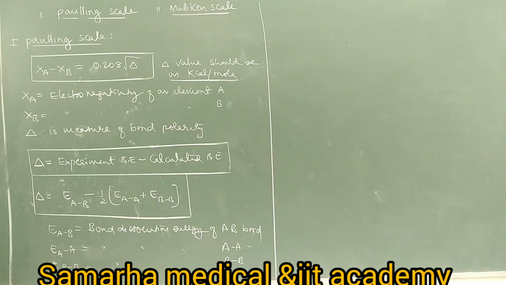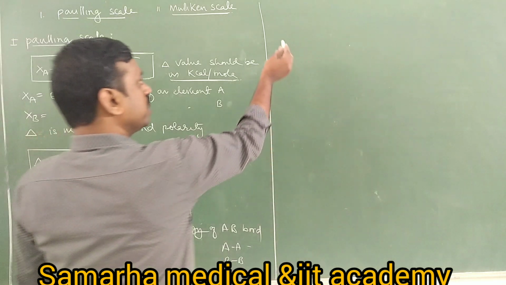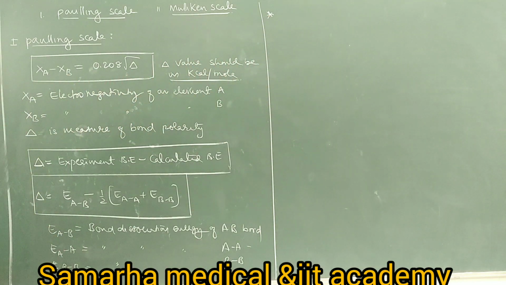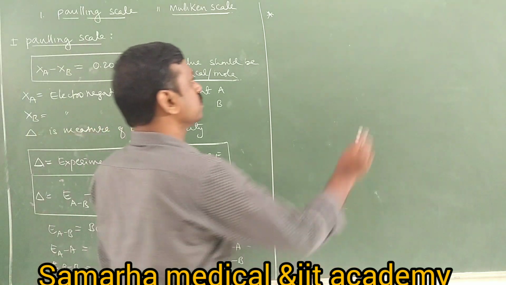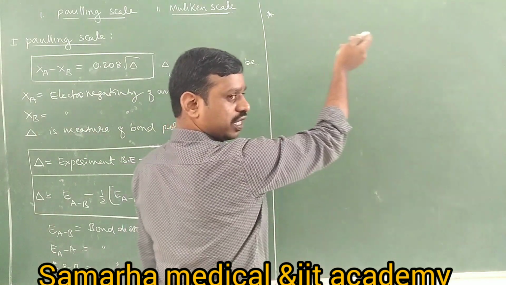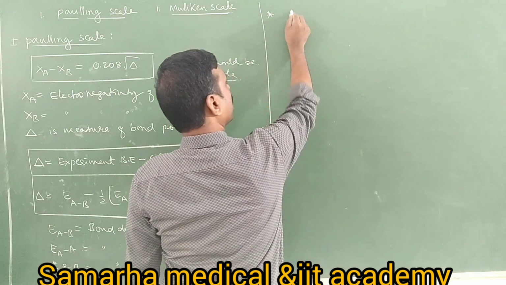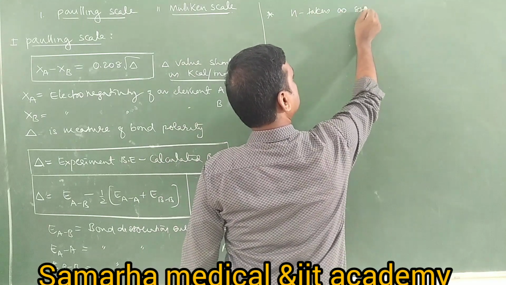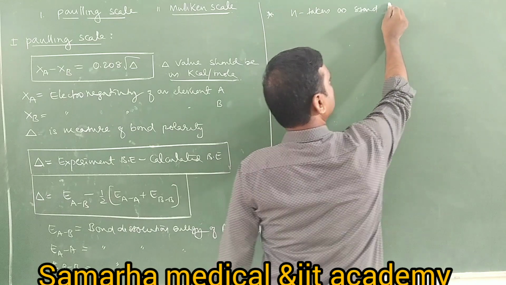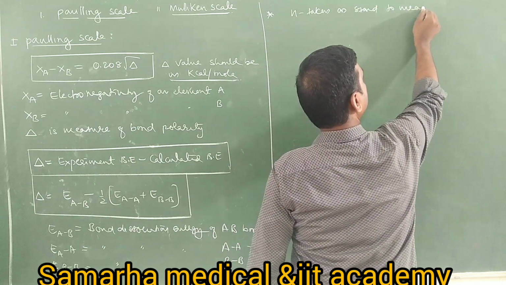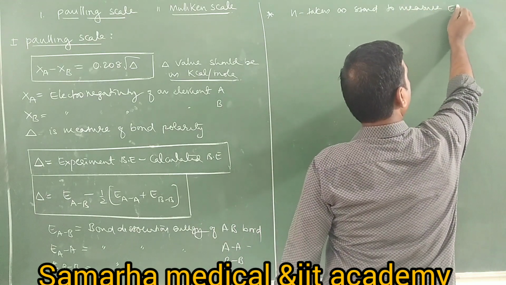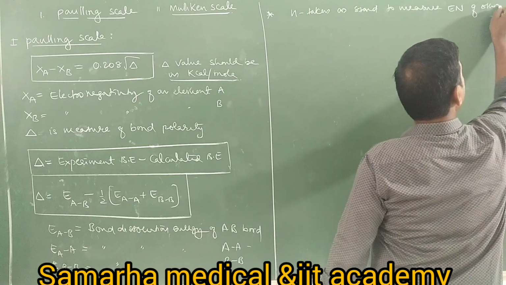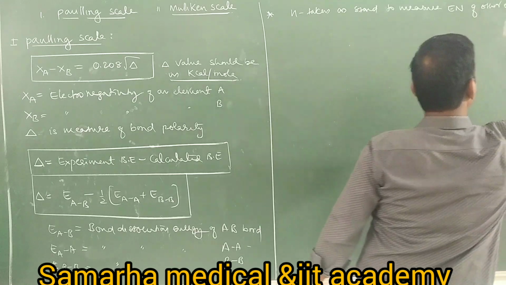Okay, next point. Tell me, in Pauling scale, these are the formulas. Next, in Pauling scale, which element is taken as a standard? Hydrogen is taken as a standard element to measure electronegativities of other elements, right?